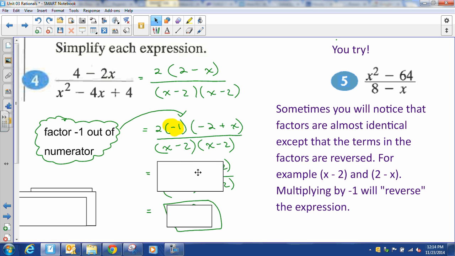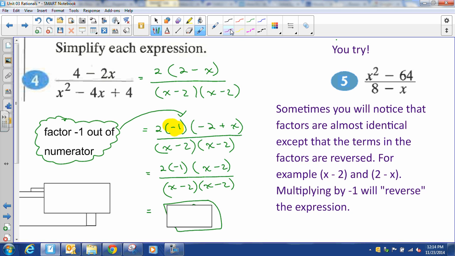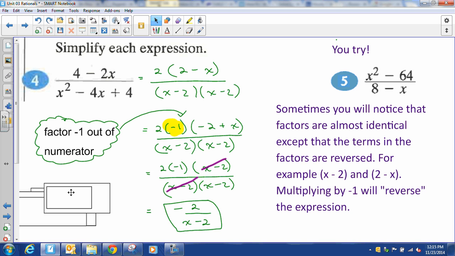If you want to take it a step further, let's reorder the negative 2 plus x so we have x minus 2, and now we can see that they cancel out. What happens to the negative 1? Well, it basically gets absorbed back into the expression. So negative 1 times 2 is negative 2 over x minus 2. This negative sign could float up to the numerator, or it could stay down here at the same level as the fraction bar.